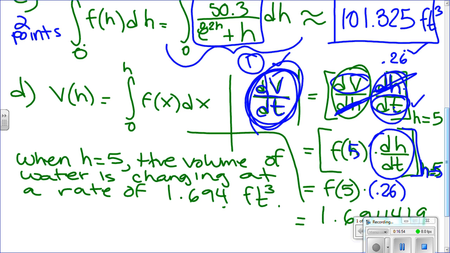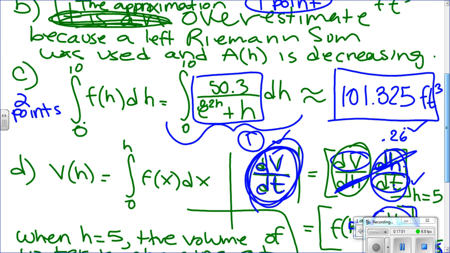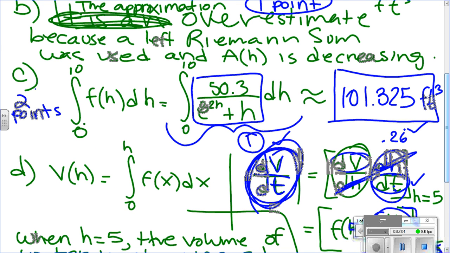So what can we use? From the previous problem, we actually found the volume. We take that same function, and with that one, what we did was find how the volume was changing with respect to the height.